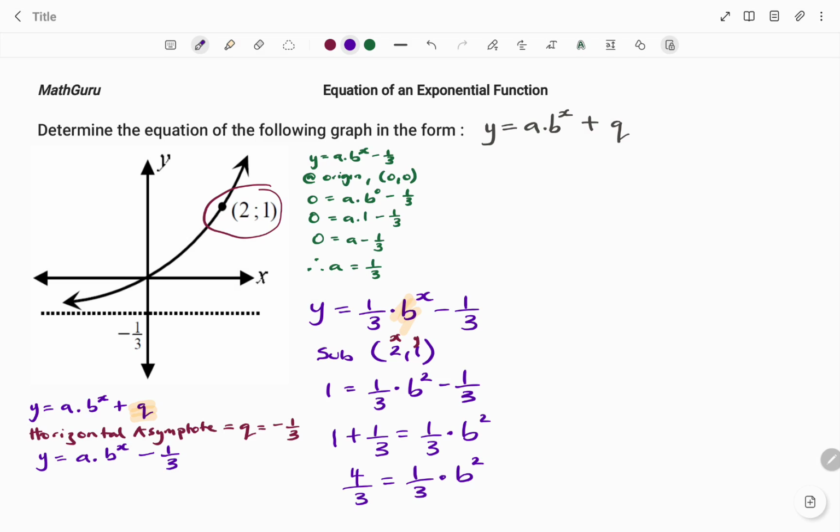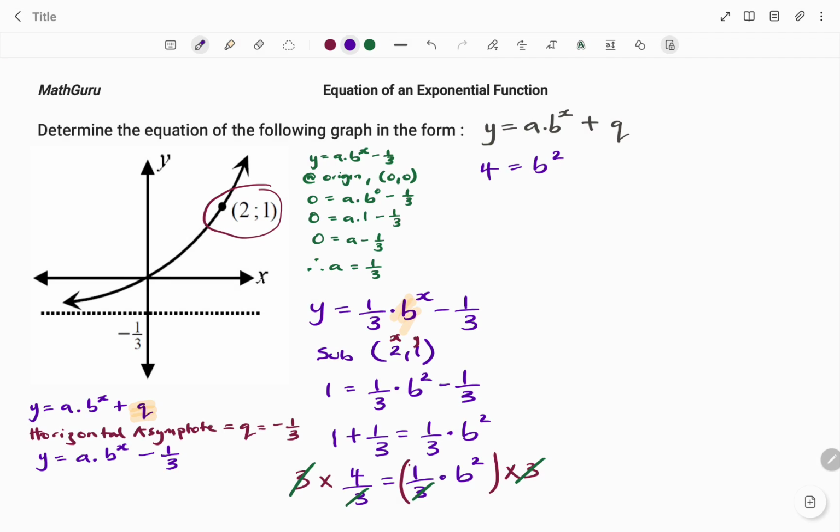The next step, I'm going to multiply both sides by 3. So on the right, the 3 and 3 cancel to 1, and on my left-hand side I have 4 equals b squared.